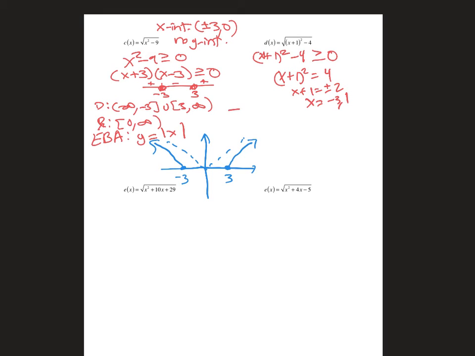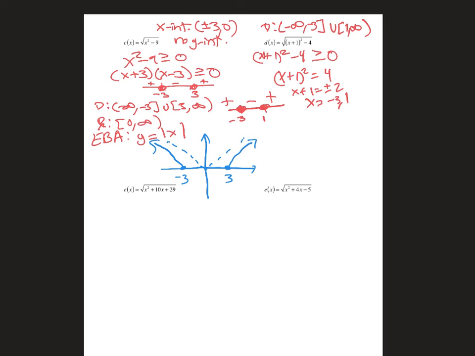If I put this on a sign chart, this will help with my domain. If I put in something greater than 1, like 2, this will be positive, and then negative, positive. So my domain here is -infinity to -3, union 1 to infinity.